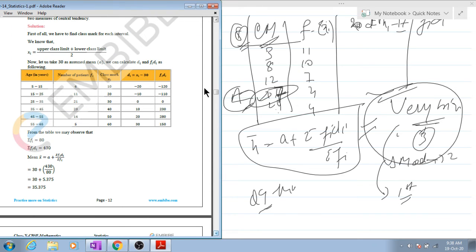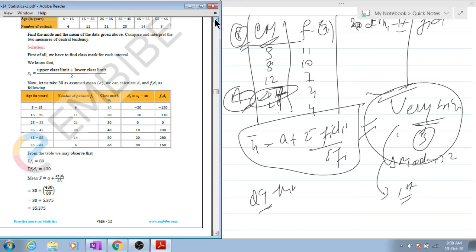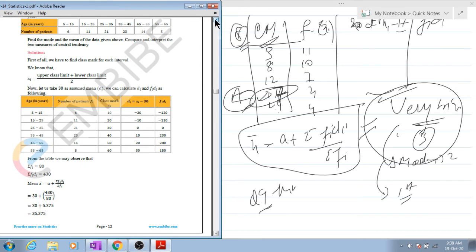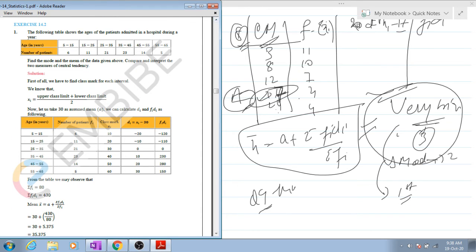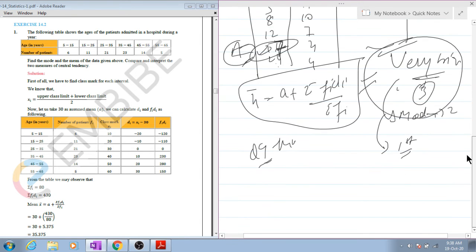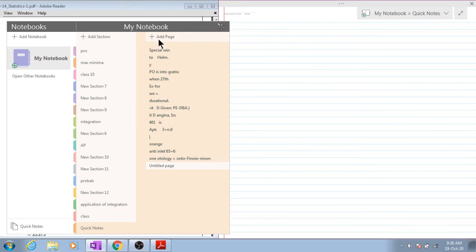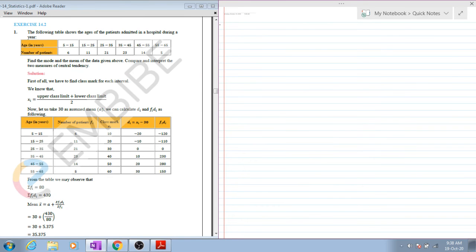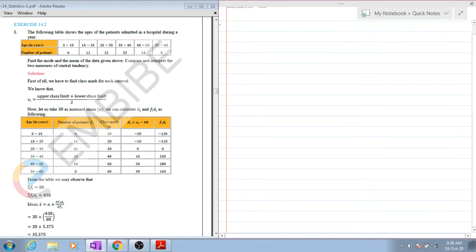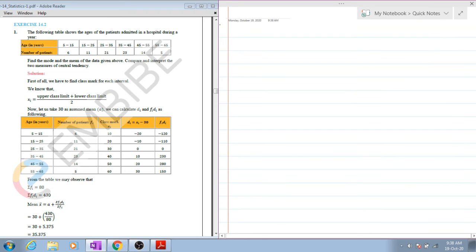Same thing you have to find out in question number 1. Compare and interpret the central tendency. Now this thing is a bit new. Age has been given to you.